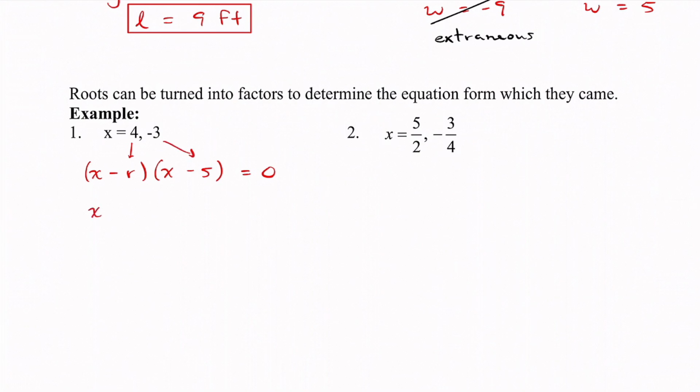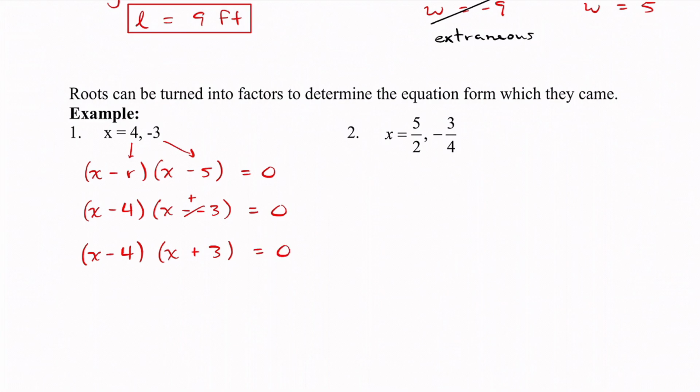So it's going to be x minus 4, and then x minus, and that was a minus 3, or a negative 3. So we have to put that in, like that. And then those two negatives are going to cancel, and that's going to give me a positive. So I'm going to have x minus 4 times x plus 3.